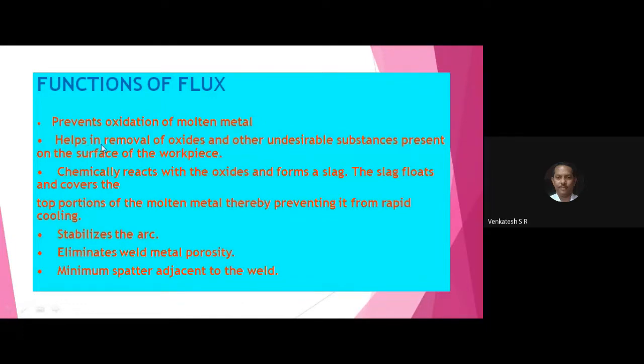I think all of you have the second one, number 2, helps in removal of oxides and other undesirable substances present on the surface of the workpiece.